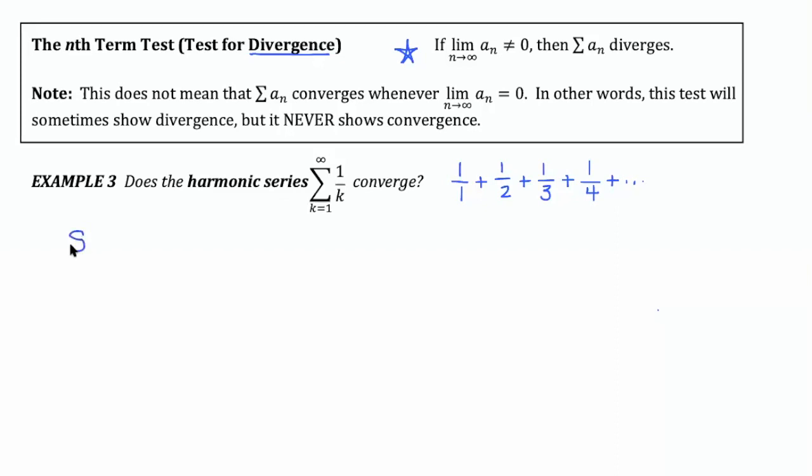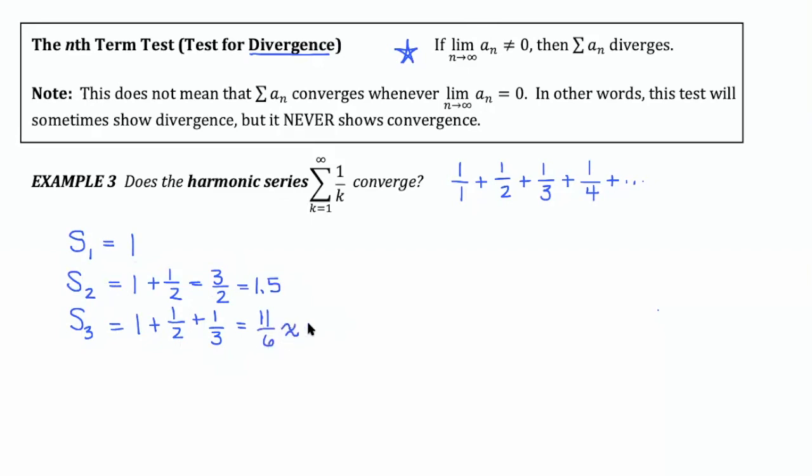The first being, let's look at the first couple of partial sums. 1 over 1 is 1. That's my first partial sum. Then I add 1 and 1/2, and I get 3 over 2, or 1.5. The third partial sum, I'm adding 1 plus a half plus a third, which gives me 11/6, which is approximately 1.83.